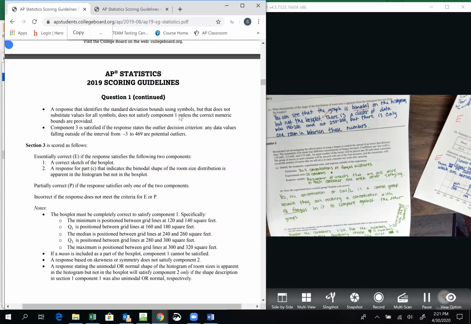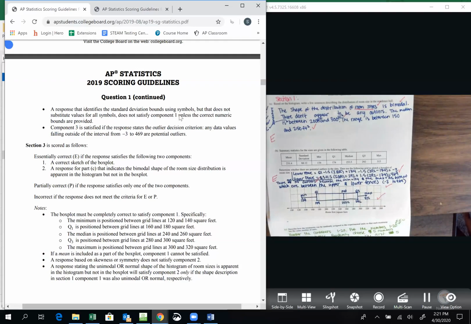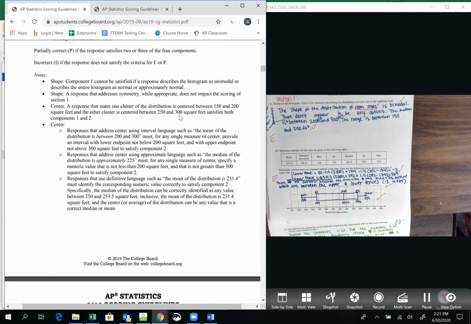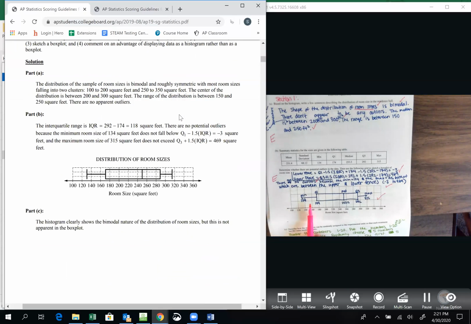So the box plot must be completely correct to satisfy component 1. So look at these numbers carefully. Obviously they're approximate values, but you need to have your line and your box going all the way.